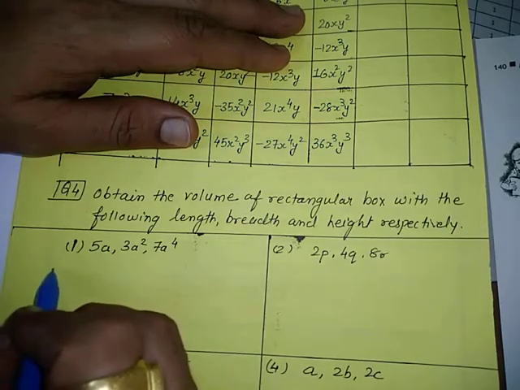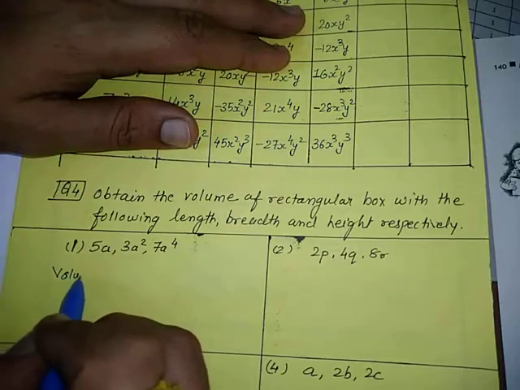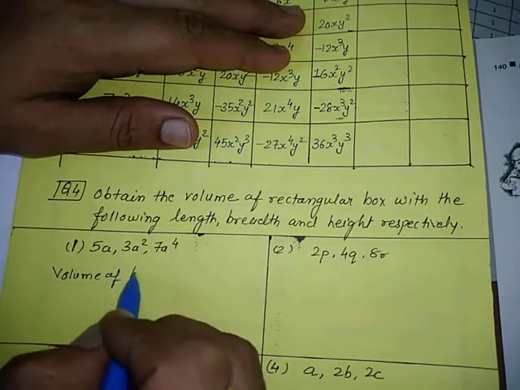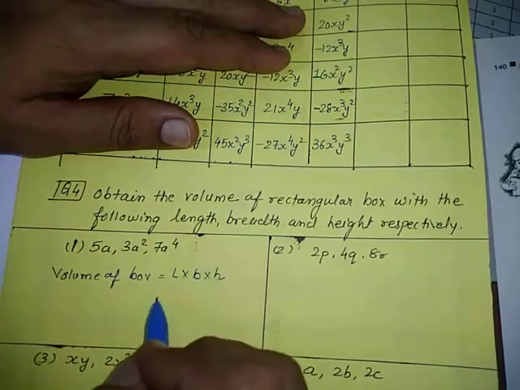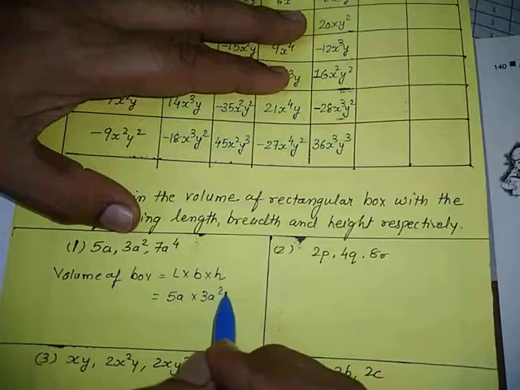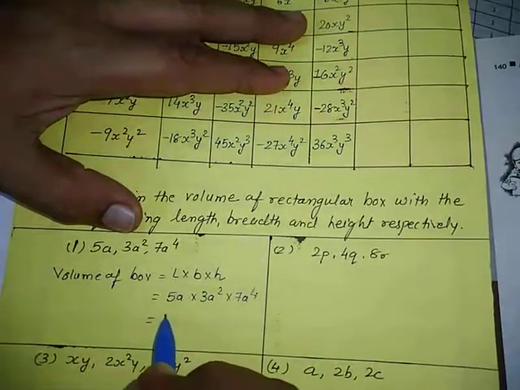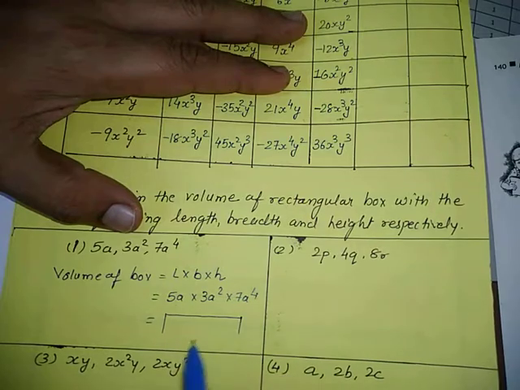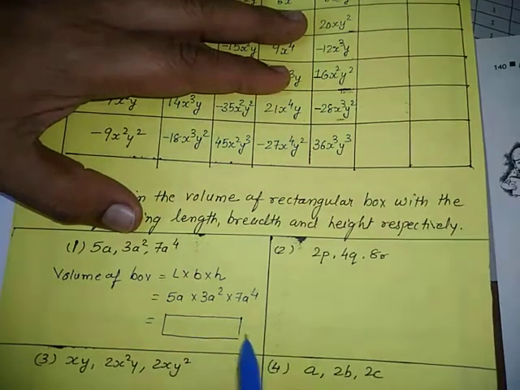So volume of box is equal to L into B into H. That means 5a multiplied by 3a square multiplied by 7a raised to 4. So we can do the multiplication of these three and get the answer.